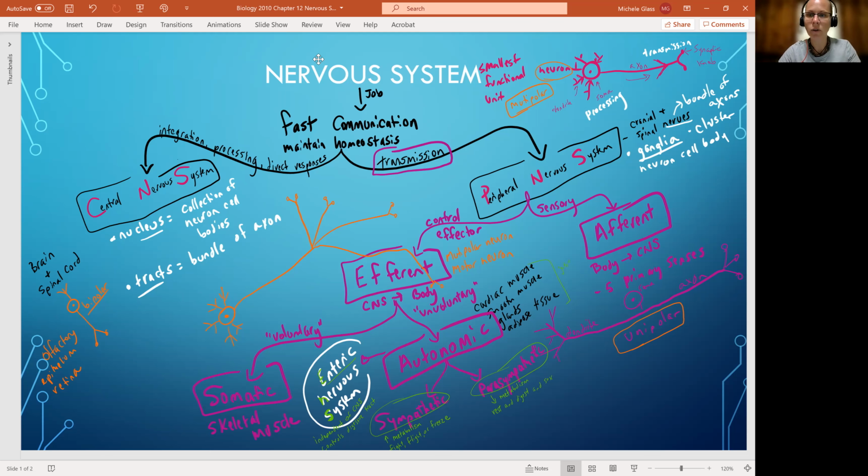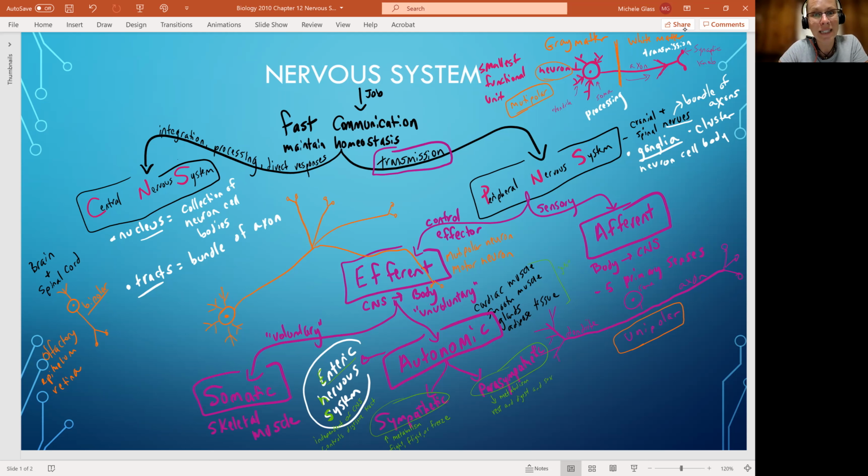I also wanted to mention, while talking about the neurons, we have in our nervous system what we describe as gray matter. And then we have what's called white matter. And so it's important to start making the connection that anywhere in our nervous system that we see gray matter, it's gray because of those cell bodies.